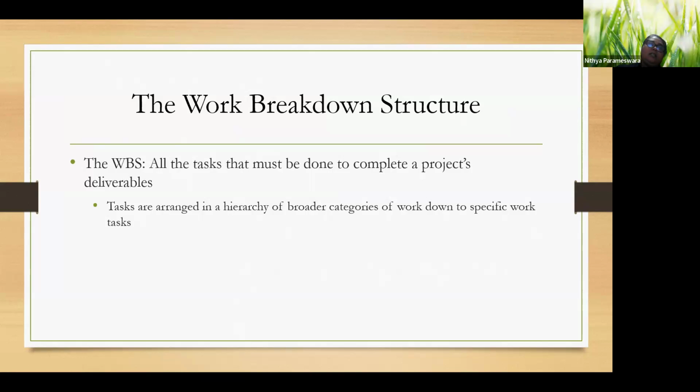These tasks need to be arranged in a hierarchy of broad categories of work, sometimes based on the deliverables, sometimes based on the stages in the project. And each of these broad categories then will be broken down into specific work tasks.